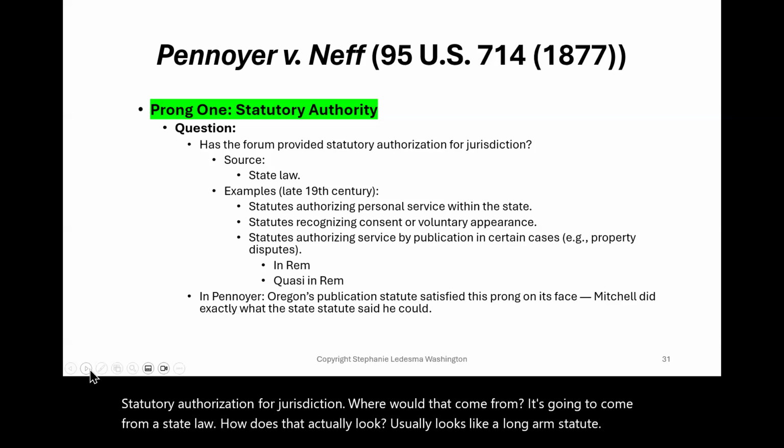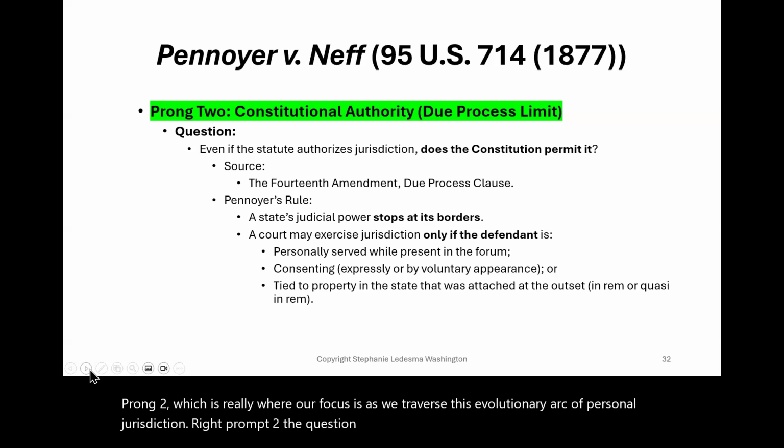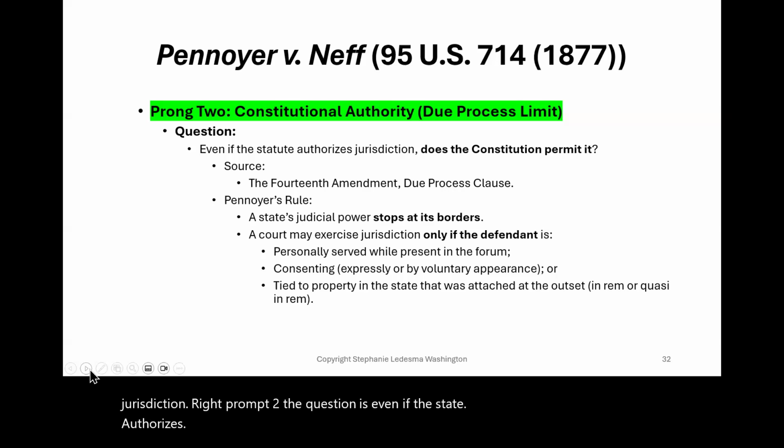Okay. Prong 2, which is really where our focus is as we traverse this evolutionary arc of personal jurisdiction, right? Prong 2, the question is, even if the state authorizes jurisdiction under prong 1, even if the state does in fact authorize jurisdiction under prong 1, does the Constitution permit it?